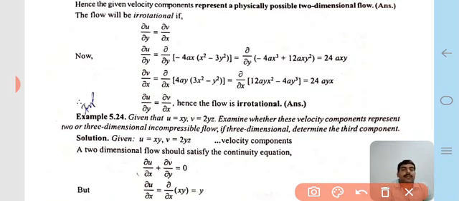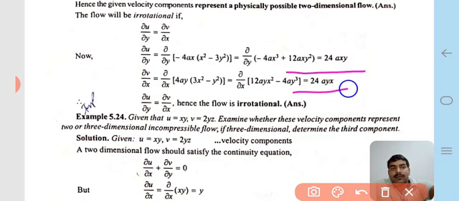Differentiating the velocity components with respect to y and x, del u upon del y is calculated as 24axy, and del v upon del x is calculated as 24axy.